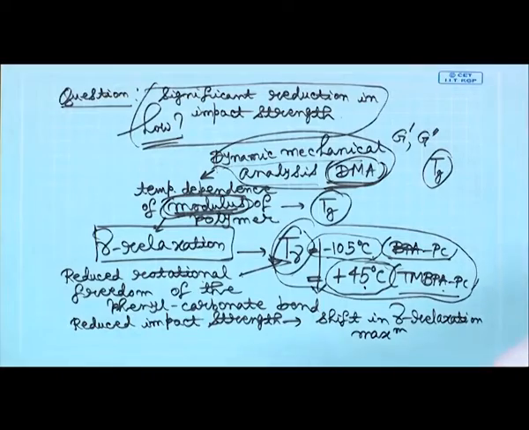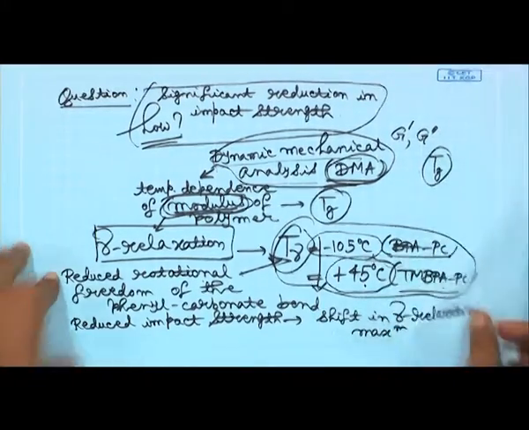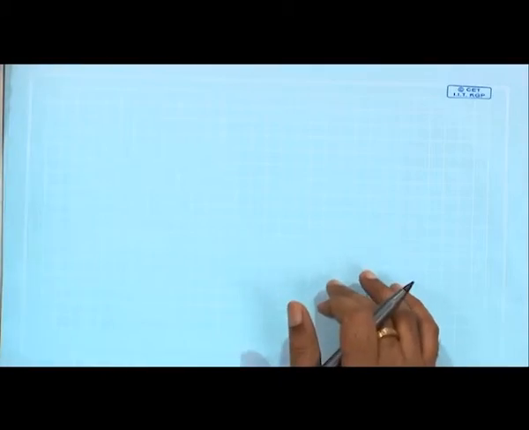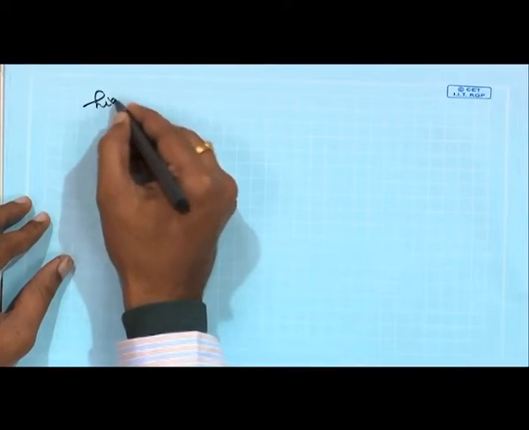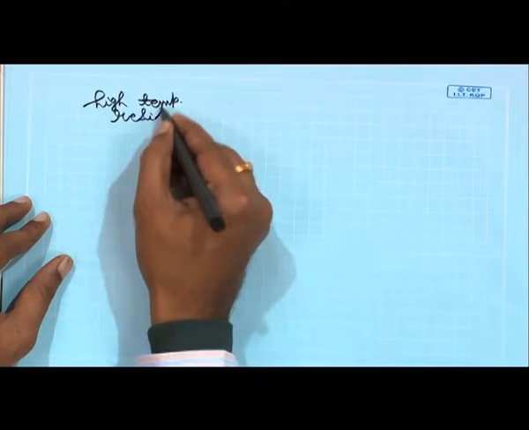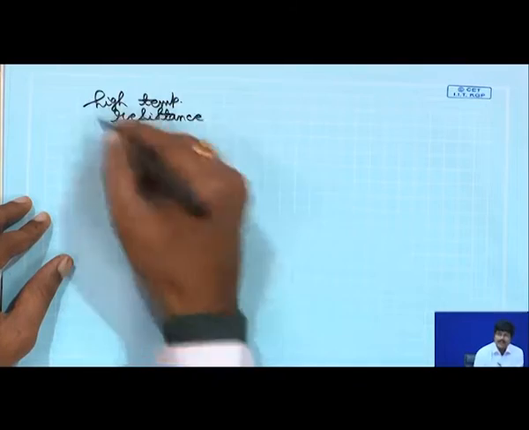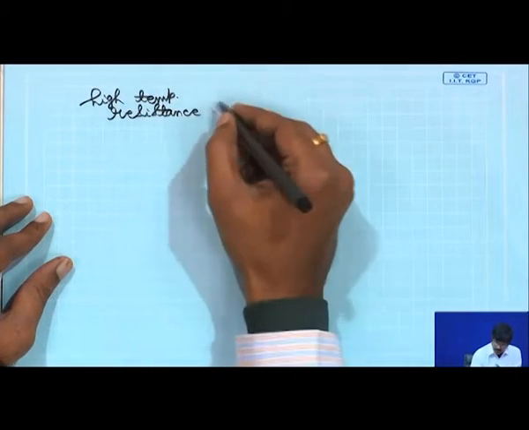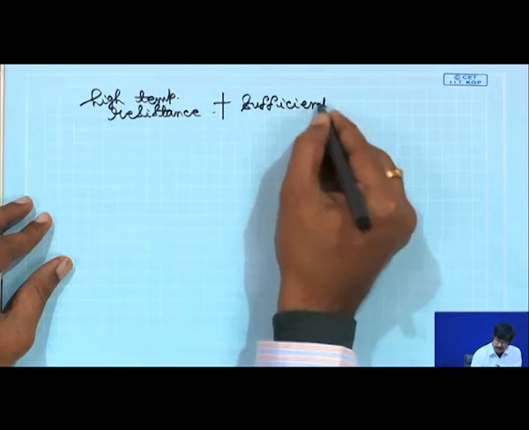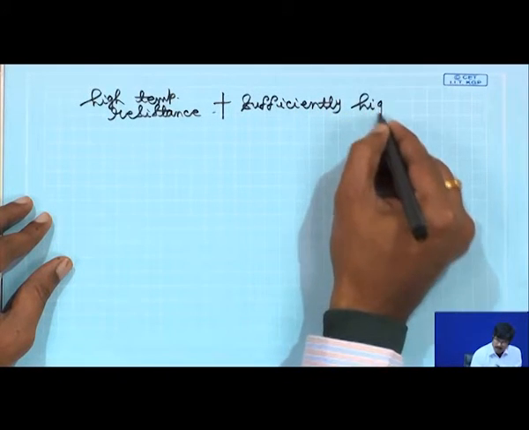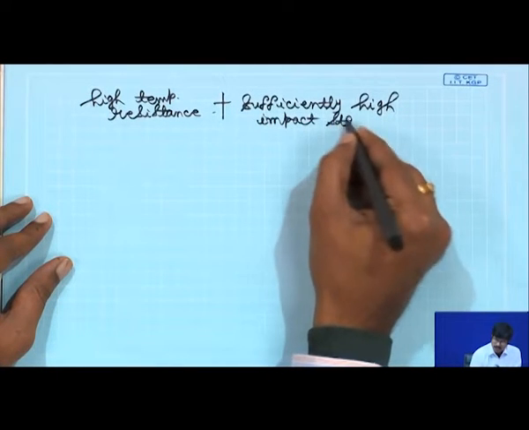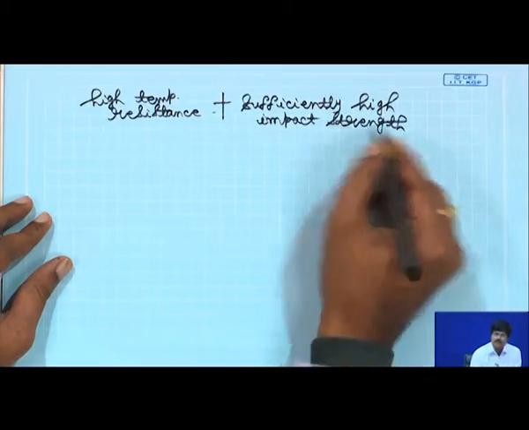So, from here you can actually formulate some kind of rule. You want high temperature resistance, of course, so you want high Tg, which you already achieved, and along with that you want sufficiently high impact strength, which you could not achieve when you substituted with 4 methyl groups on the benzene ring.